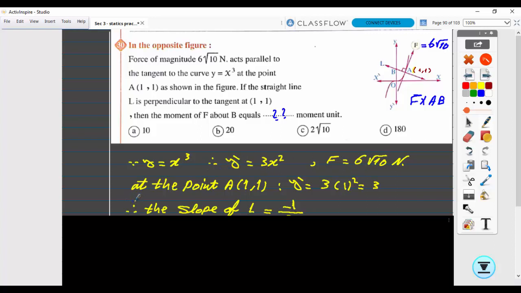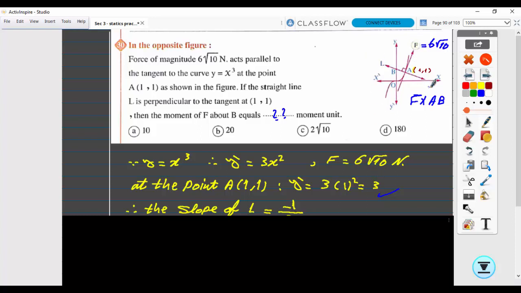At the point A, 1 and 1, y dash equals 3 multiply 1 square, substituting x equals 1. So 3 multiply 1 square equals 3. So the slope of this ray, the tangent to the curve, equals 3.